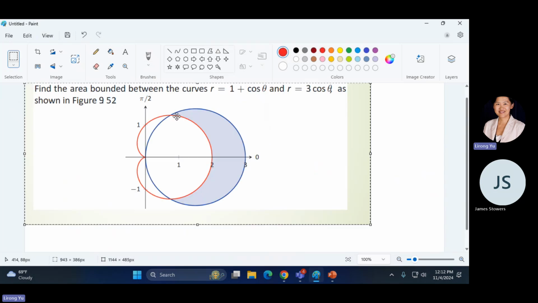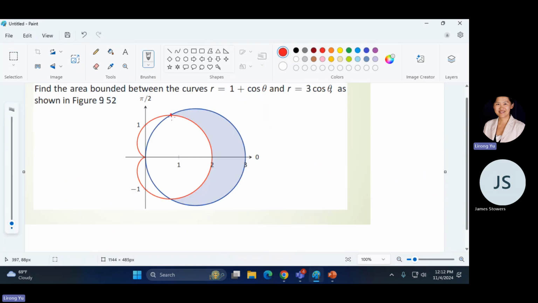We want to find the intersection, which is right here. Realize we're solving for two intersections, but you can focus on the positive one. Again, because of symmetry, this angle is symmetric with that angle, so you don't have to find both. Find one, and the other is the negative of it.